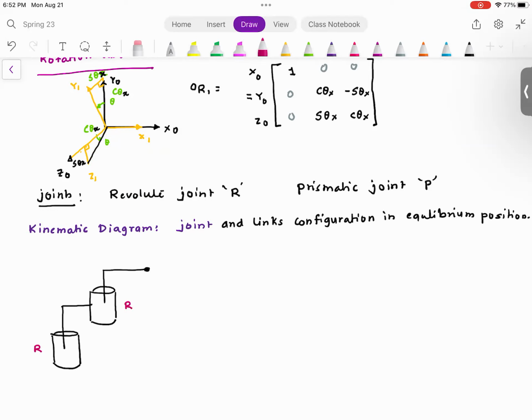So this is like one hinge, you have a horizontal link, and you have another hinge, then you have one vertical link and one horizontal link.